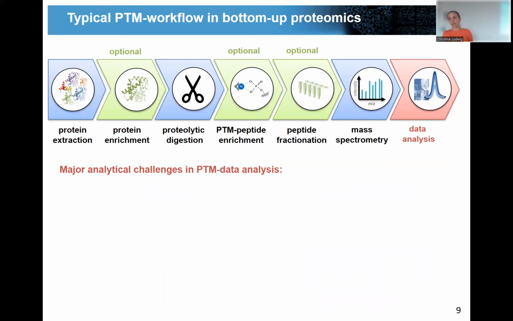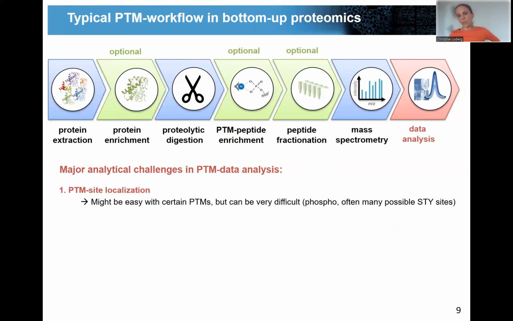Okay, on my last slide, I want to once more summarize what I think are currently the major challenges in PTM proteomics. One major challenge is site localization, which means if you want to say on which exact amino acid sits my PTM.